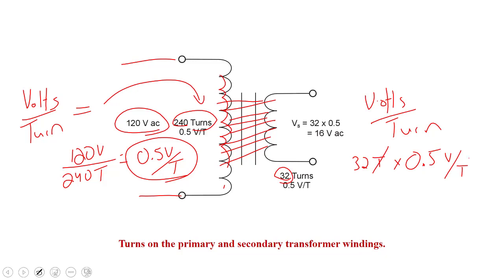You see turns cancel out, so I'm left with 16 volts on the secondary. So volts per turn is the same on the primary as it is on the secondary. I could figure this same thing out if I knew the secondary turns and the secondary voltage. I could tell you the volts per turn of that transformer. And it's the same on the primary as it is on the secondary. So I'm just going to erase this.